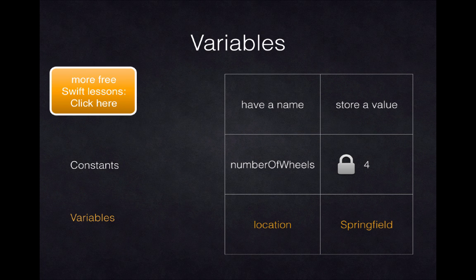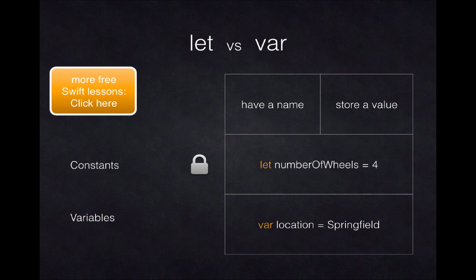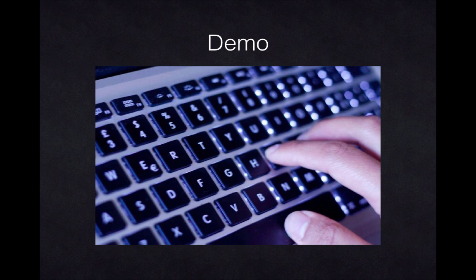Now let's have a look at the code that we write for this scenario. For constants, we use the word let, and for variables, the word var. Let me show these things in a short demo.